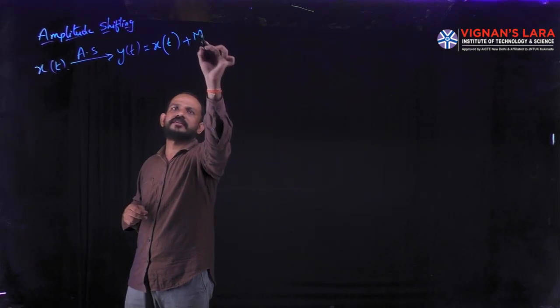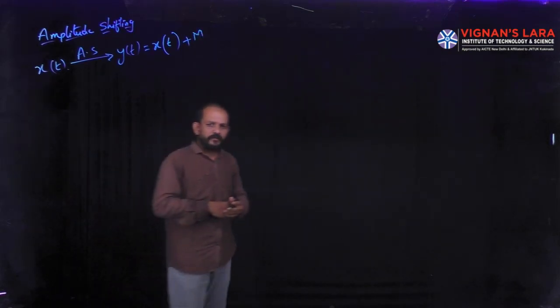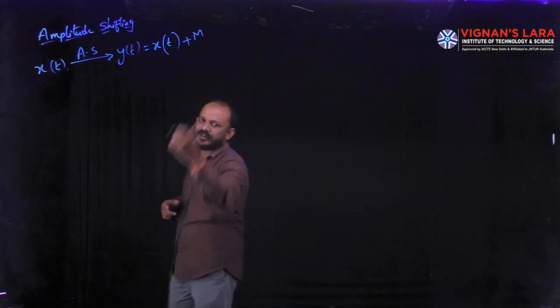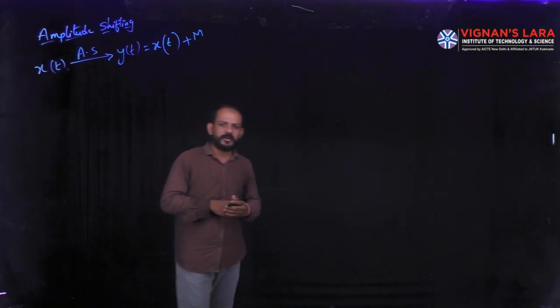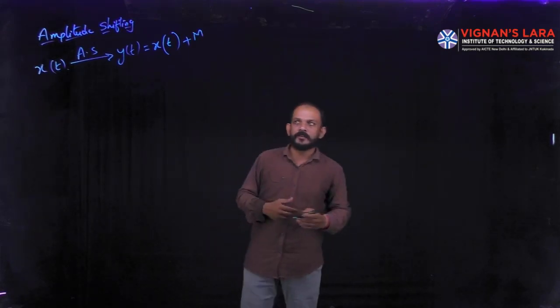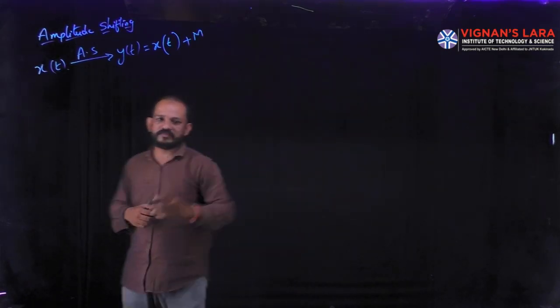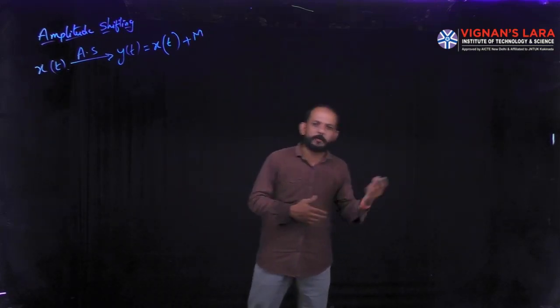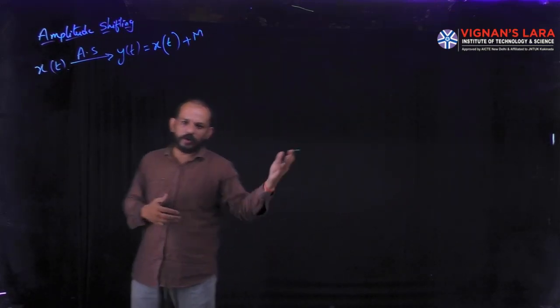You can take anything. While going for the time shifting, I had taken small m. Here I have taken capital M. You can take a small m here also, whatever it may be. This is some value, let's take 5, 10, minus 0, 0.5, 2, 2.5, whatever it may be.